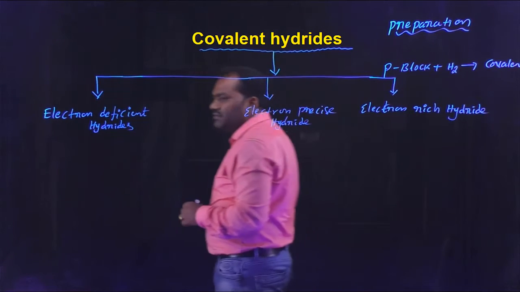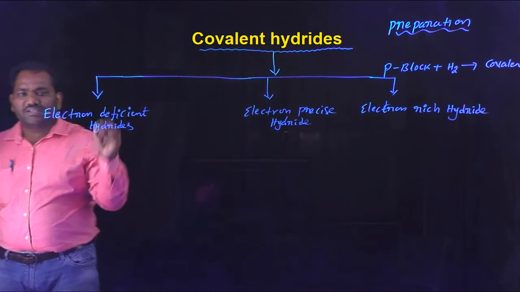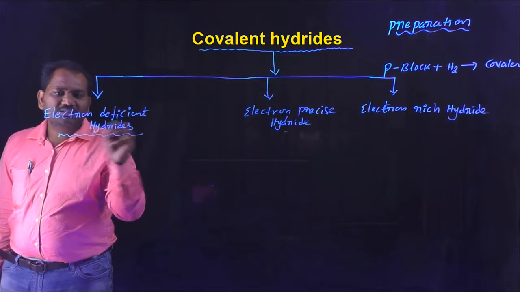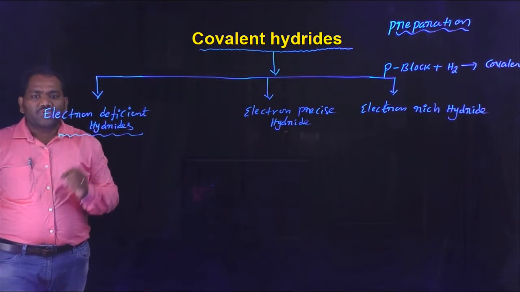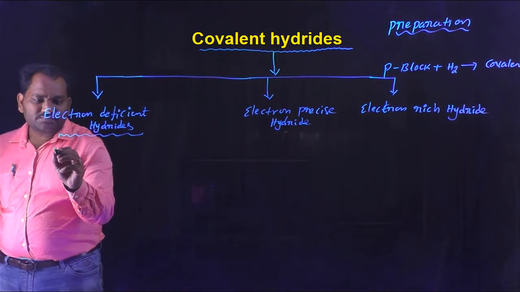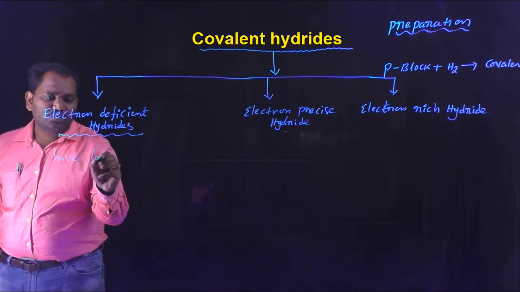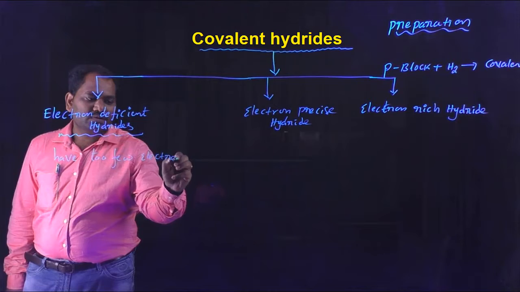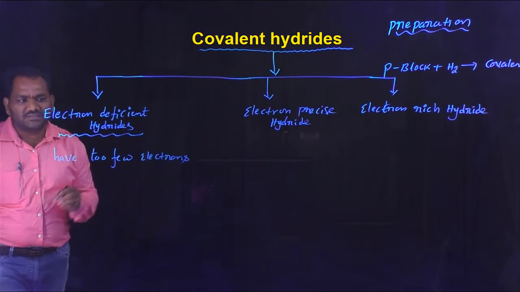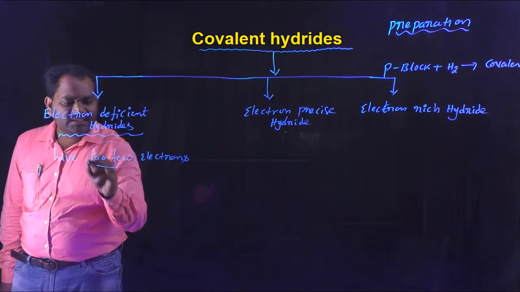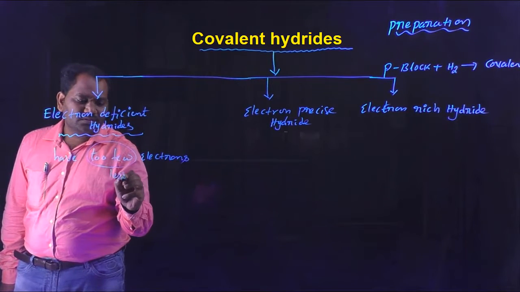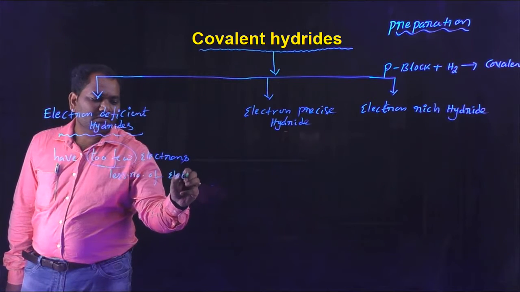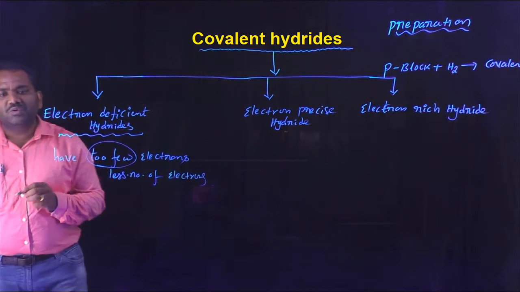First of all, we discuss what are electron deficient hydrides. Electron deficient hydrides means these hydrides have too few electrons, that is, a lesser number of electrons to write the Lewis structures.